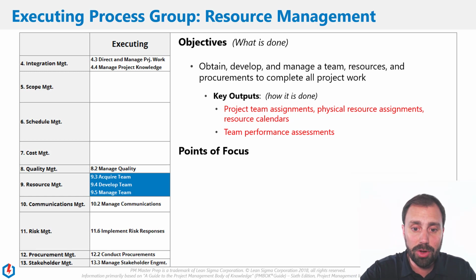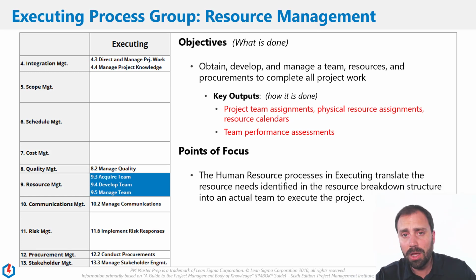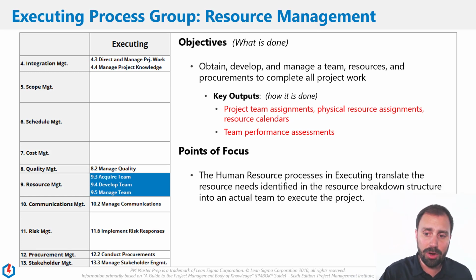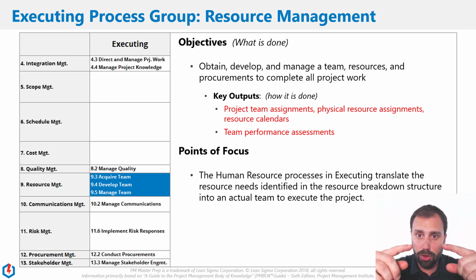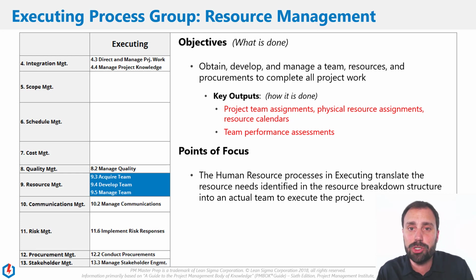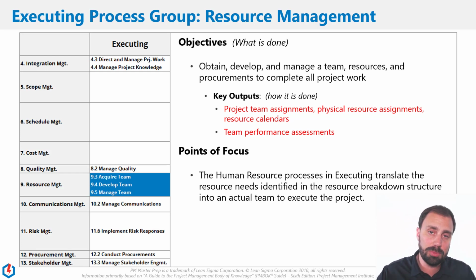Now, a couple points of focus that we need to talk about. The human resource process right here in the executing helped translate the resources that we needed and that we identified earlier in the resource breakdown structure. Remember, it looks hierarchical. It's all the resources that we need into the actual team that we need to execute these processes.